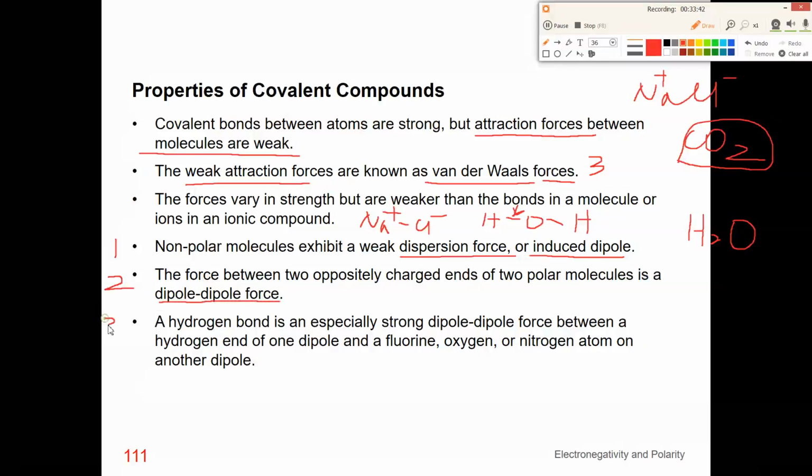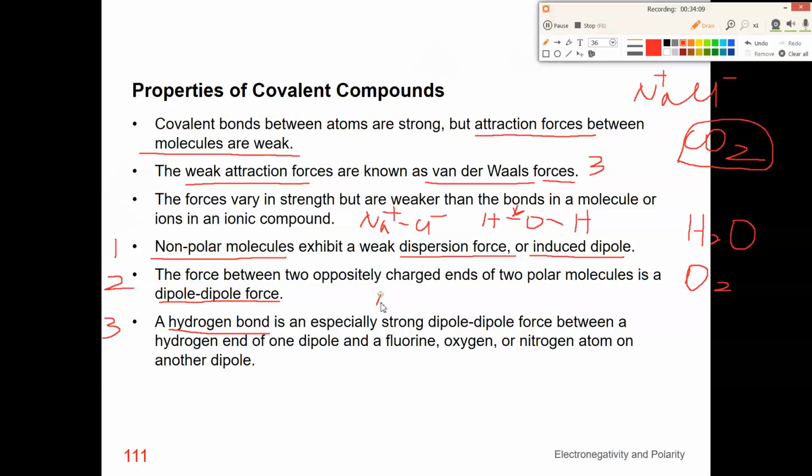Right. Third one, the strongest one, is hydrogen bond. We'll explain in more detail. So what is this dispersion force? This is between nonpolar molecules, like between oxygen gas molecules, called dispersion forces or induced dipole. We'll explain in detail what the induced dipole is.